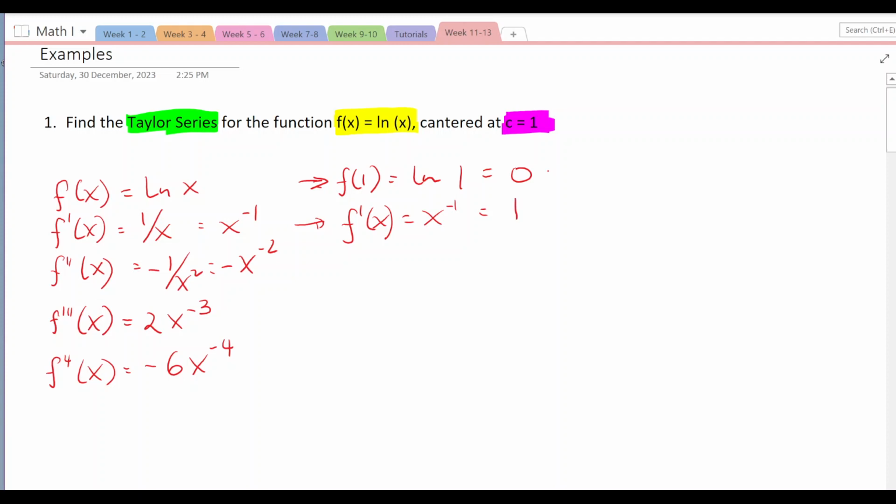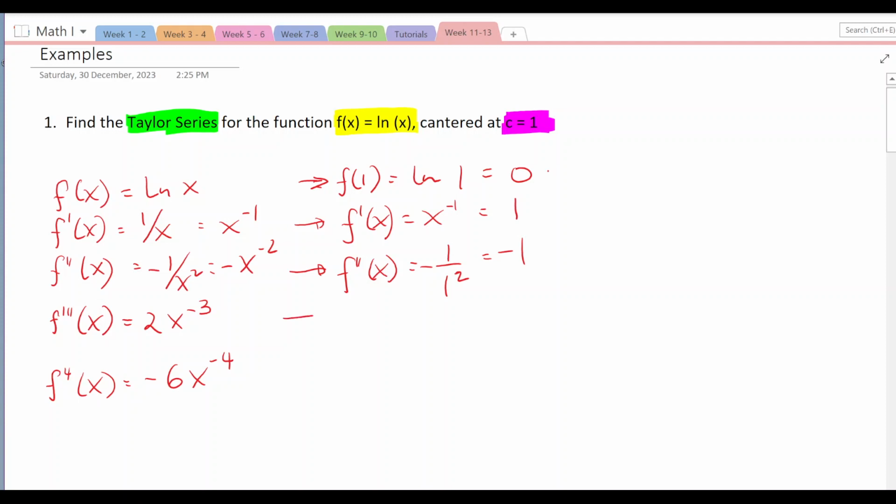And then the second derivative at x equals 1: negative 1 over 1 to the power of 2, so it becomes negative 1.